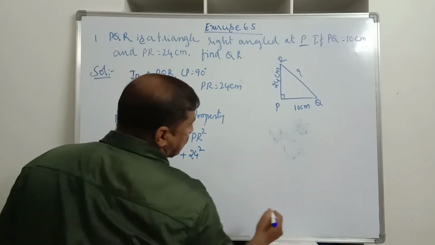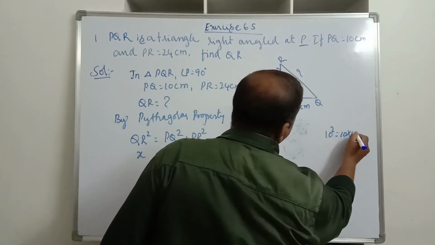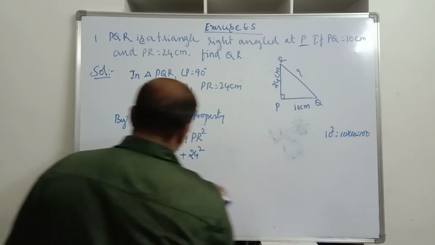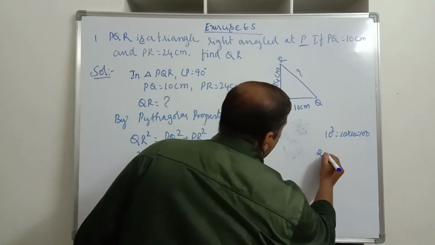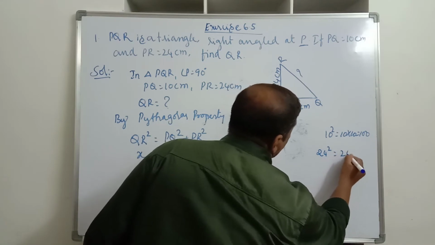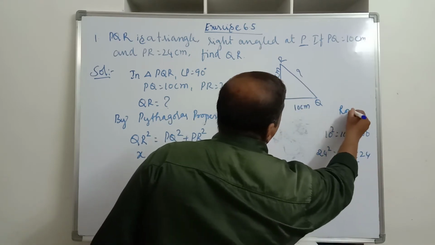10 square means 10 into 10. 10 tens are 100. That is 100 plus 24 square. 24 square means 24 into 24. This is rough work you can do.